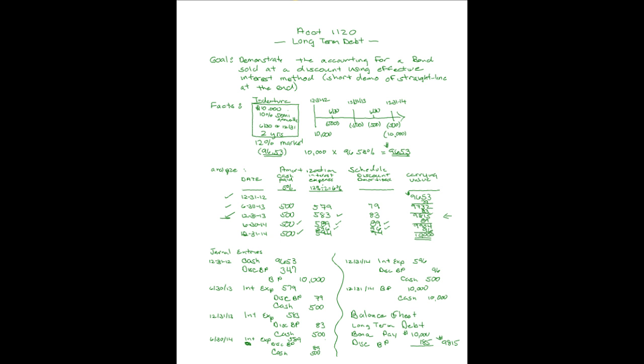Let's take a quick buzz through straight line. We're going to take a look at the straight line method of amortizing discount on bonds payable, realizing that it's not generally accepted accounting principle savvy if any significant dollar amounts are involved, and amounts that are involved are always significant with bonds. So in our example, we issued a bond at 96.53.